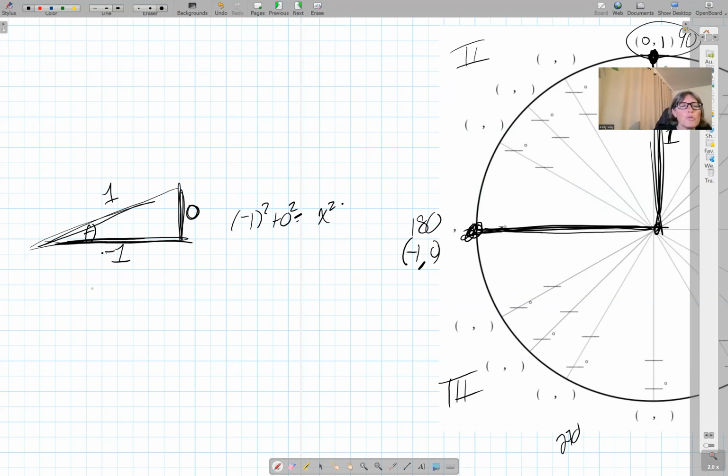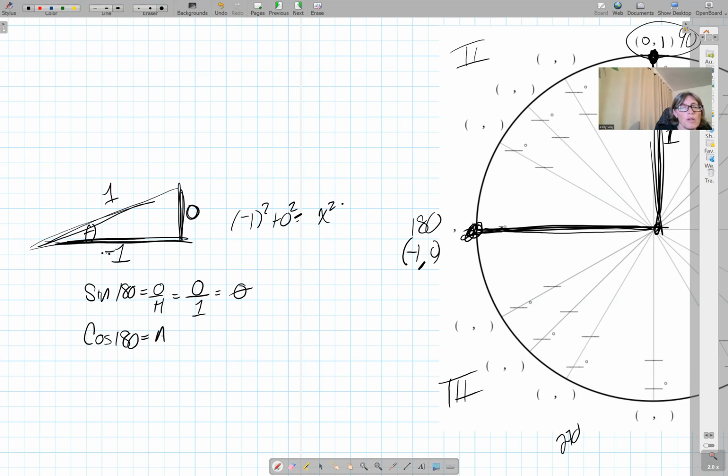So if you were to do sine of 180, that would be opposite over hypotenuse. Our opposite is 0. Hypotenuse is 1. So the sine of 180 is 0. Cosine of 180 is adjacent over hypotenuse.